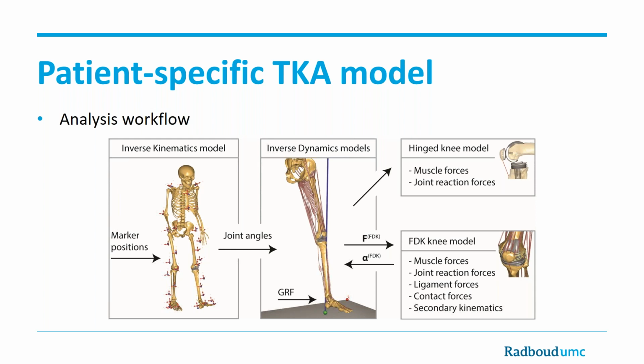These are then fed into an inverse dynamics model together with ground reaction forces measured using force plates. And these two ingredients are required to run an inverse dynamics, which typically can be used to estimate muscle forces and joint reaction forces.